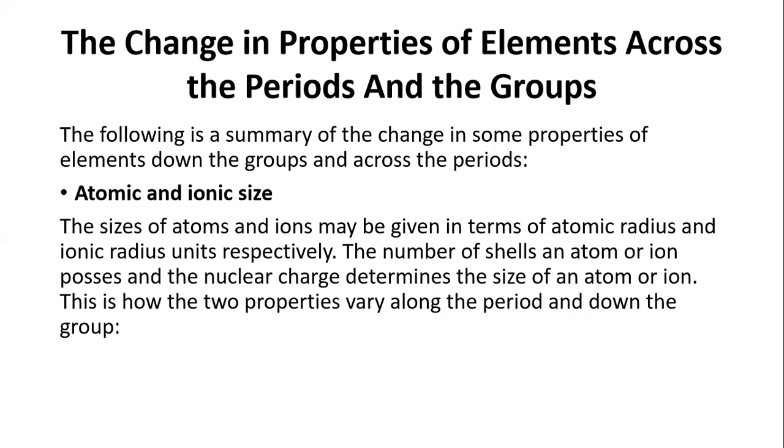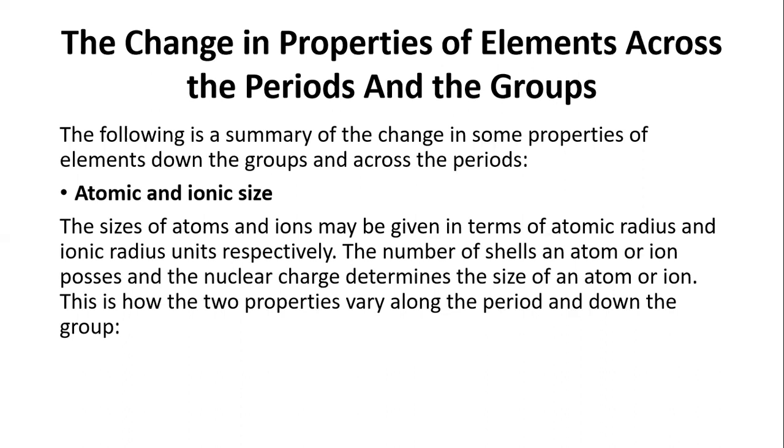If an atom possesses a large number of shells, it will have a larger size. If it has a small number of shells, it will have a smaller size of the atom or ion.